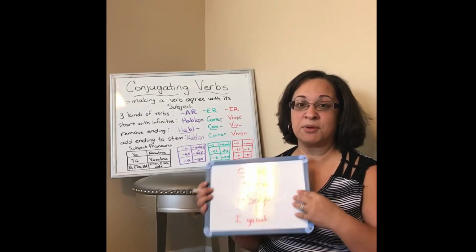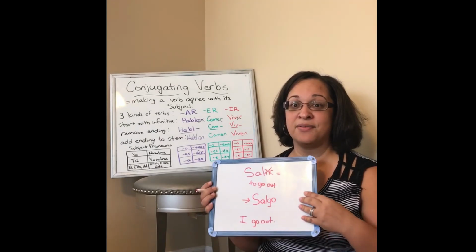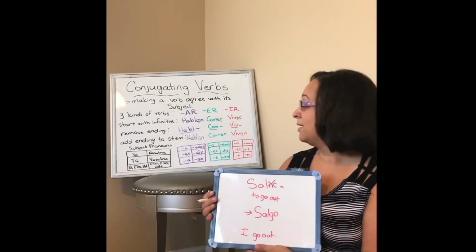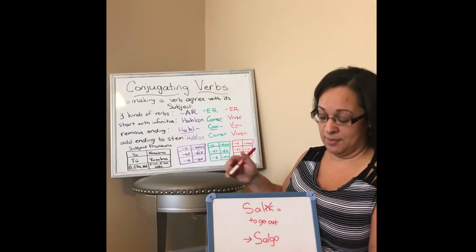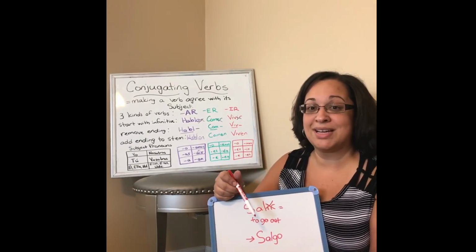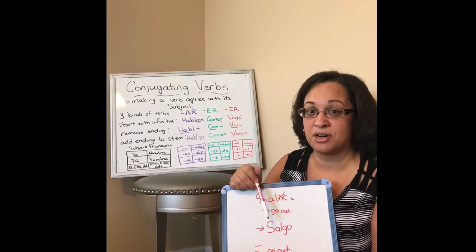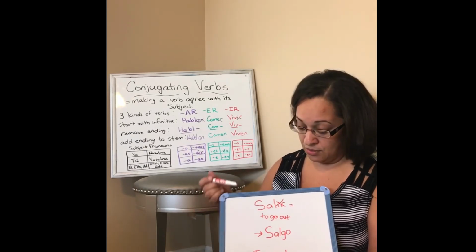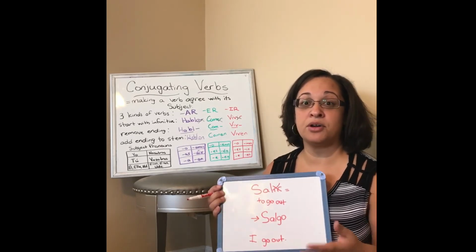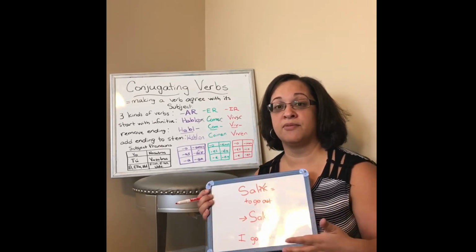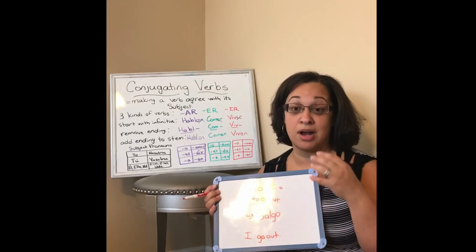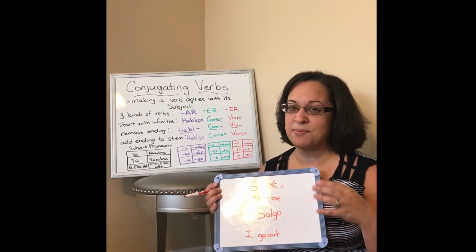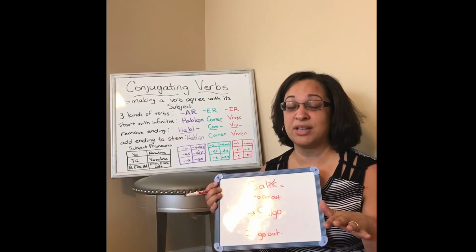So again, remember in Spanish, there's the 95 to 5% rule. 95% of the time, these endings are going to apply. But there are going to be times where we're going to have to change the stem of the verb to formulate our conjugated verbs. Okay, so don't get confused if while you're working through some of our activities during class, you come across some verbs that you think might be conjugated, but you're not sure because they throw in a couple extra letters.